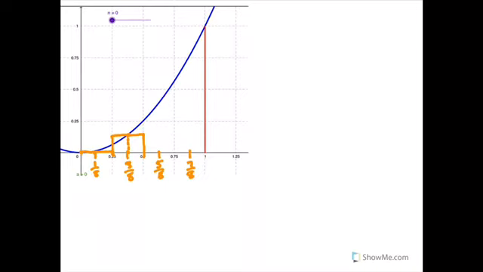Here's what my rectangles are going to look like. I'm going from the middle of the rectangle up to the curve, and drawing a rectangle.